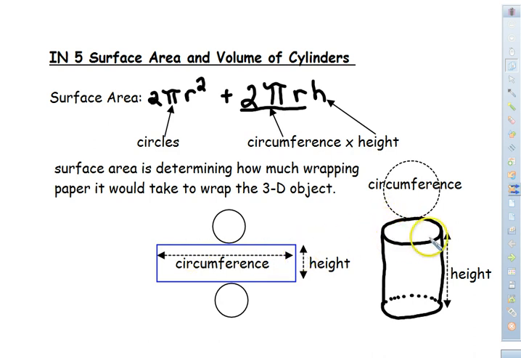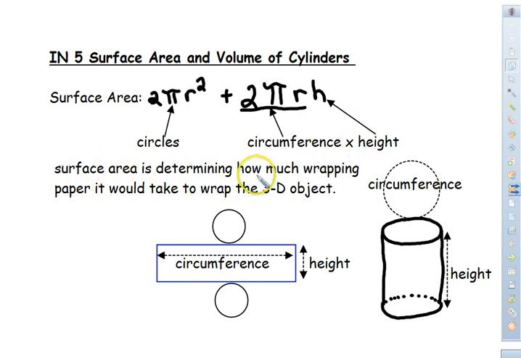You can see the circumference dealing with this part, so you would be using the radius that's given here and multiplying that by pi and then times 2. That is going to give me this length right here, which is the circumference. The height, this number right here, is dealing with the actual height of the shape itself. So that's this right here. That's where this formula is all derived from.